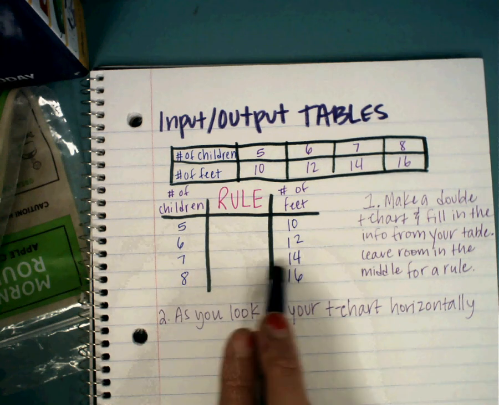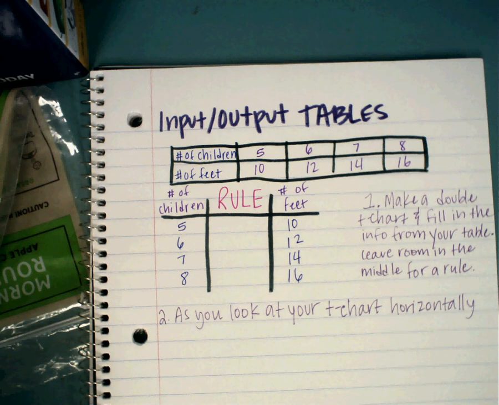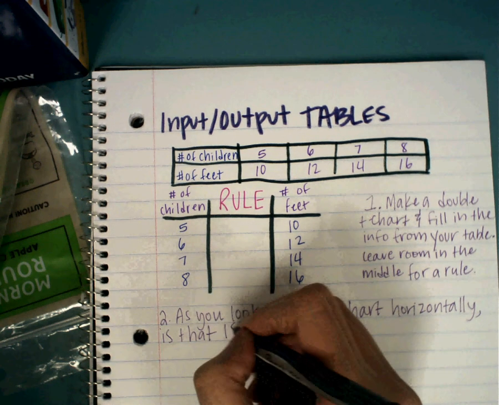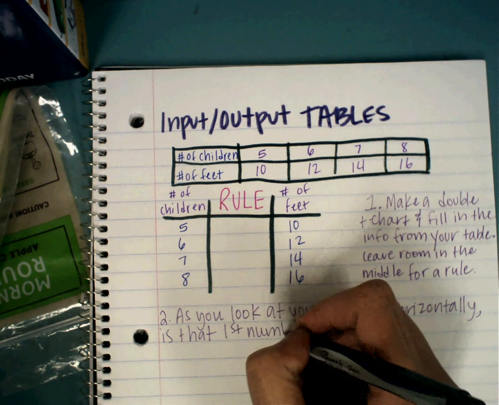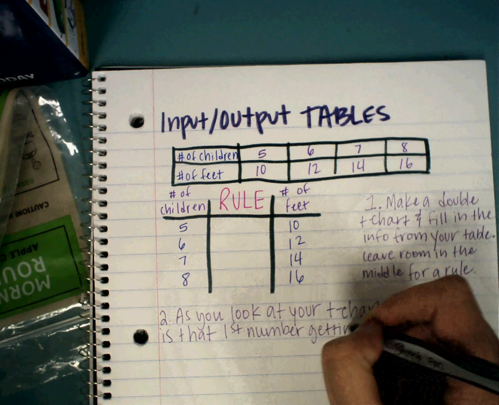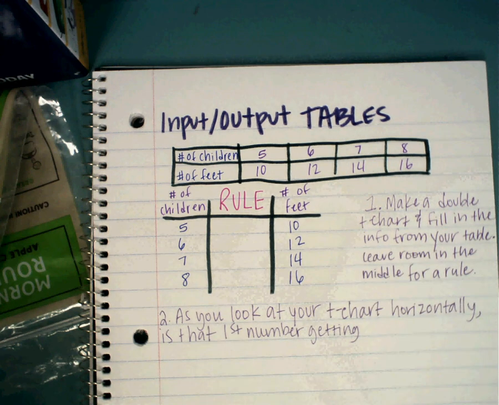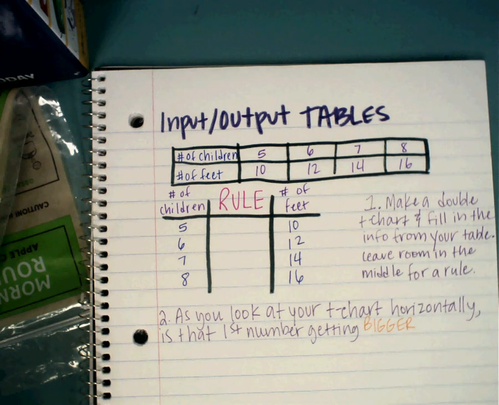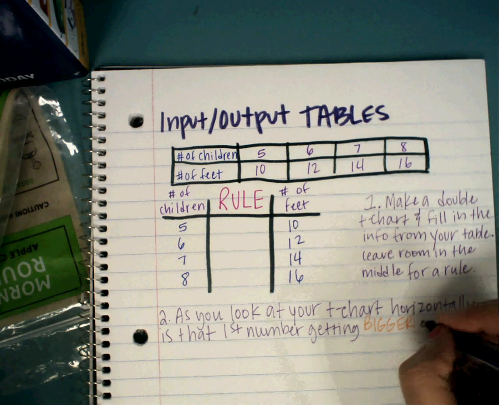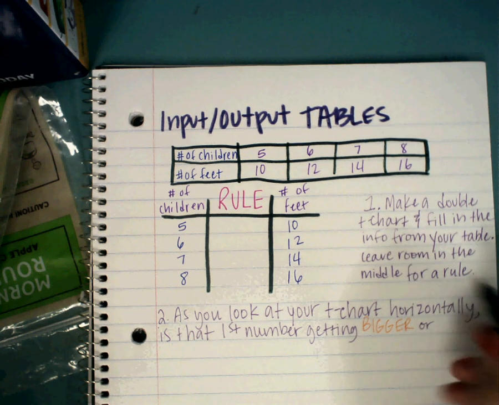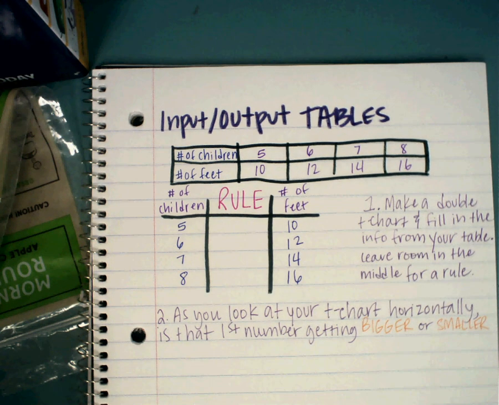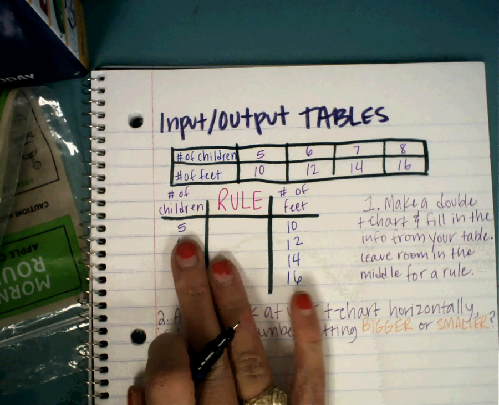So as you look at your T-chart horizontally, is the first number getting bigger or is it getting smaller as you go across? That's what it's talking about horizontally. So if I'm looking at 5, does 5 get bigger or smaller as I go horizontally to 10? Well, it gets bigger, right?